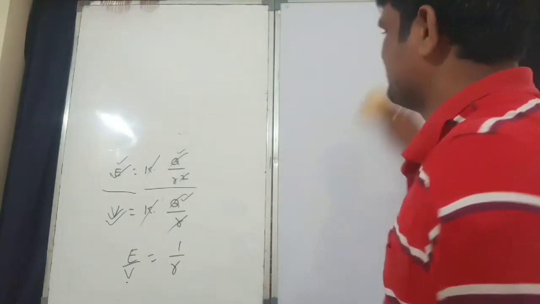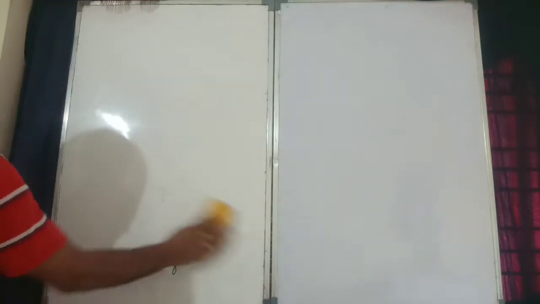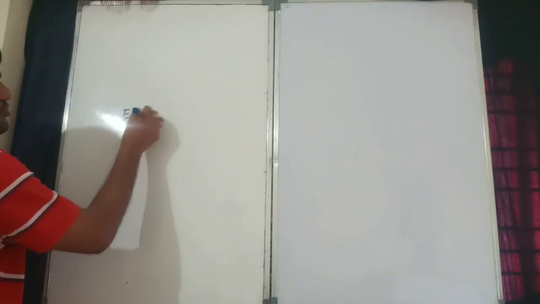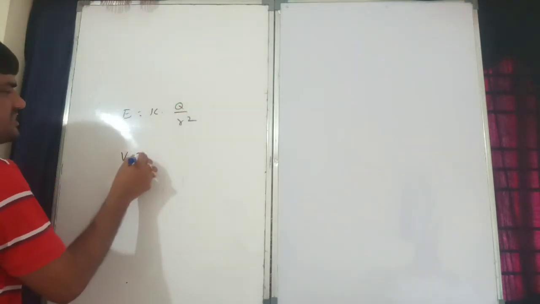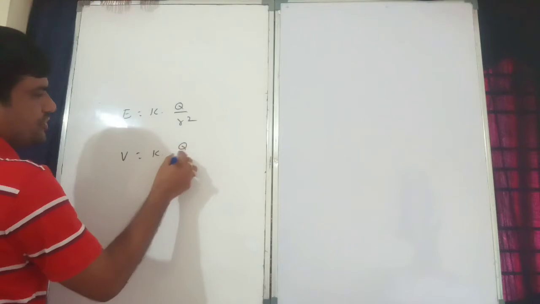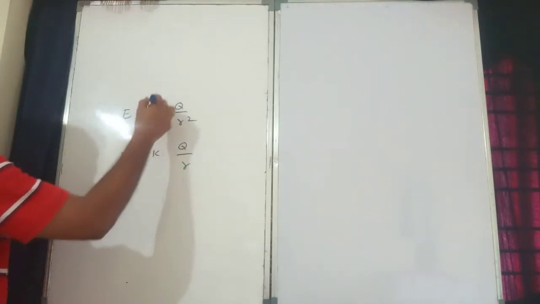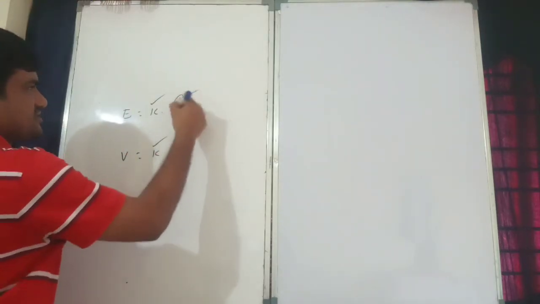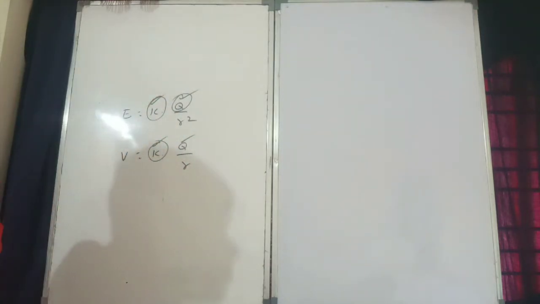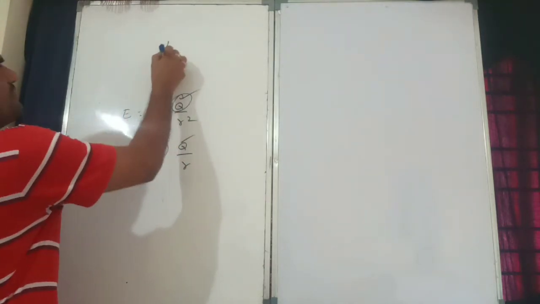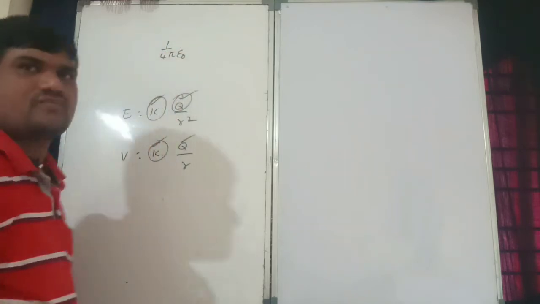So still, sir, what is the relation between E and V? E is equal to K into Q by R square. V is equal to K into Q by R. That means K is constant and Q is constant. This is the source. K is the Coulomb force constant, K is equal to 1 by 4 pi epsilon naught.